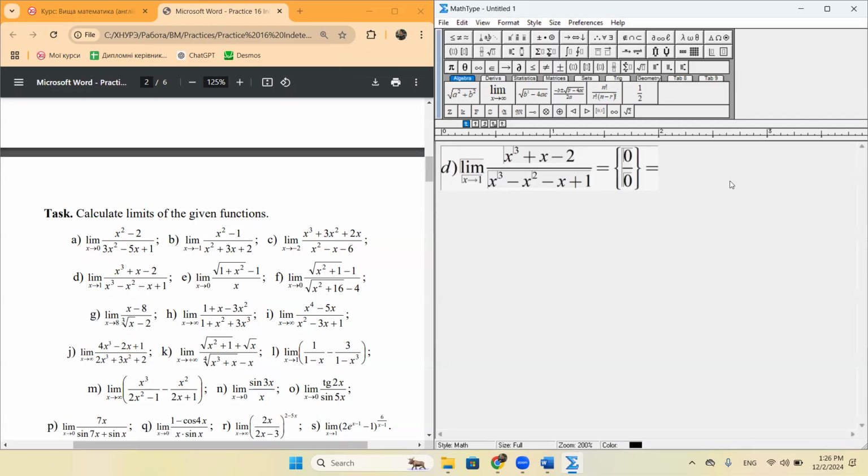Daniil, yeah, go on. First my opinion was to move x out of brackets, and it will be x multiplied by x squared plus 1, and out of brackets minus 2. And probably it helped.